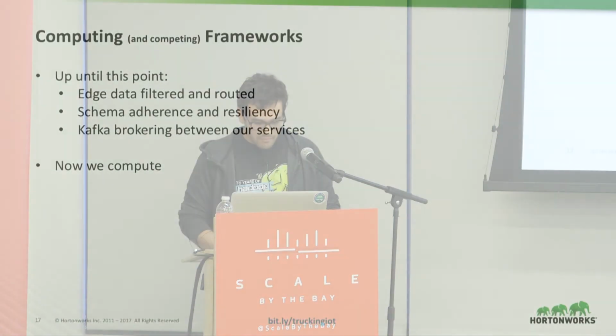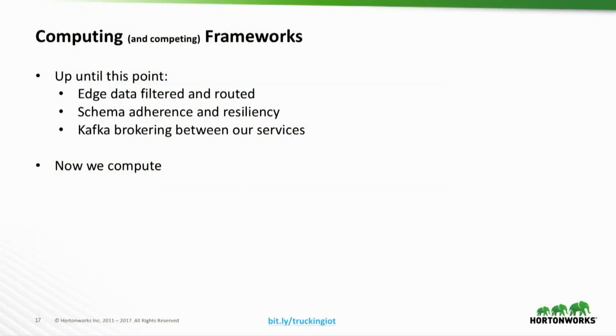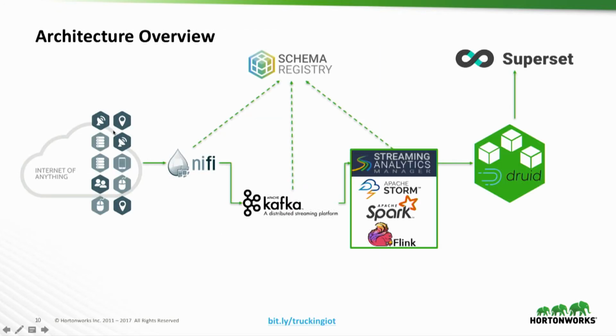So to recap, what our architecture looks like at this point is we've ingested data from the edge. We've used a data flow management system like NiFi to route the data intelligently and reliably to some number of endpoints.